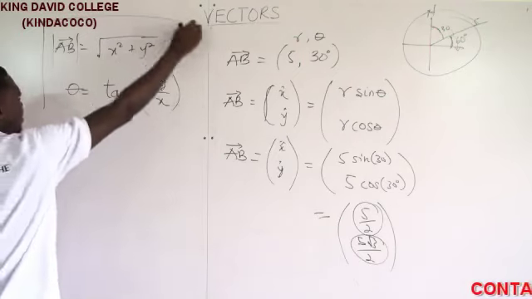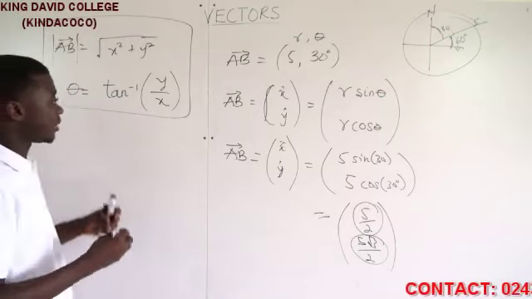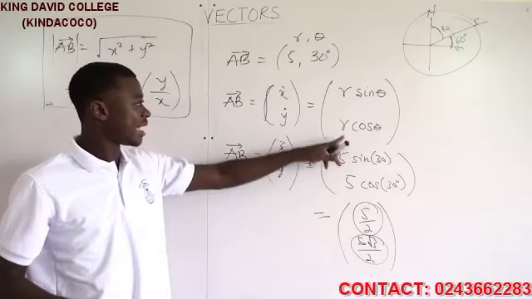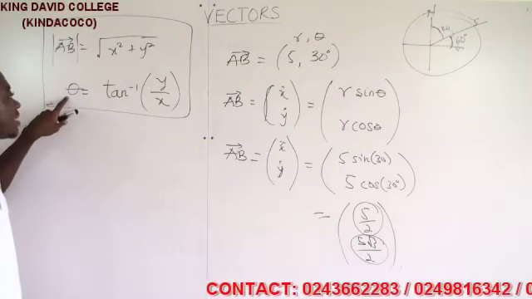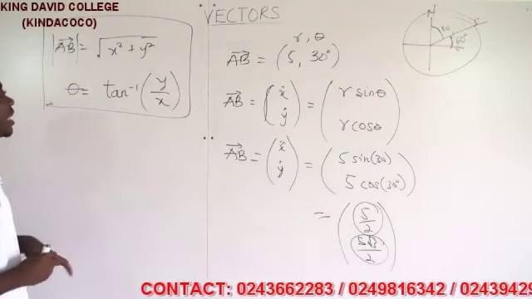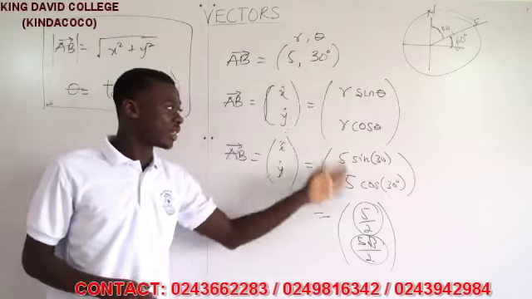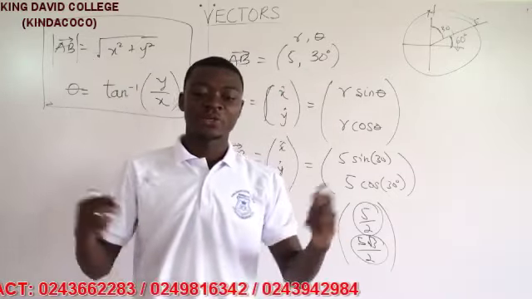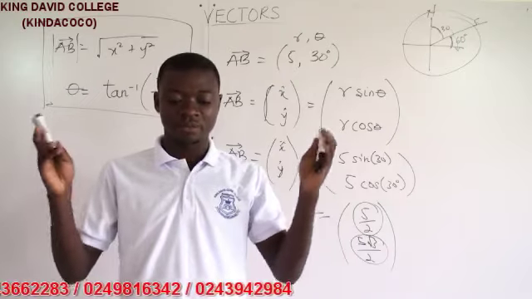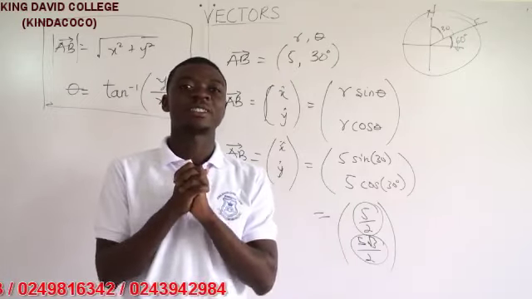So you can use the x and y components to convert to magnitude and direction, and you can also use the magnitude and direction to convert back to x and y components. Either way, you are going to arrive at an answer.